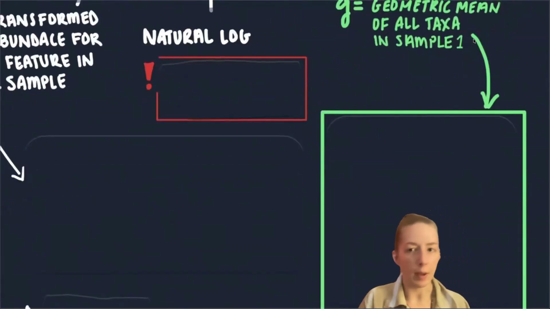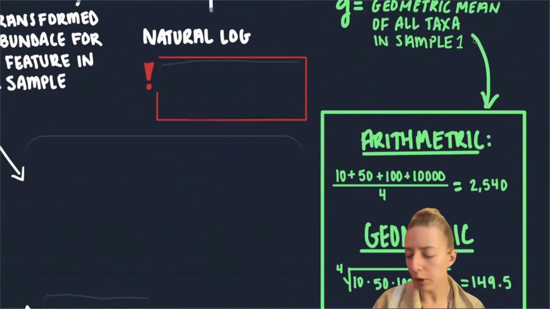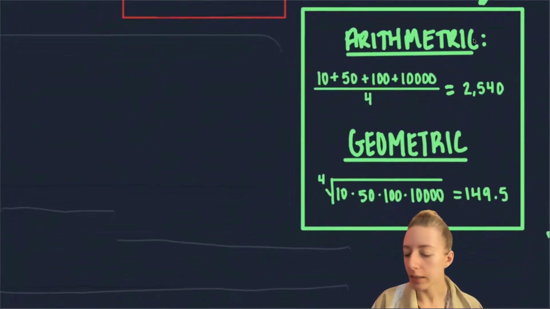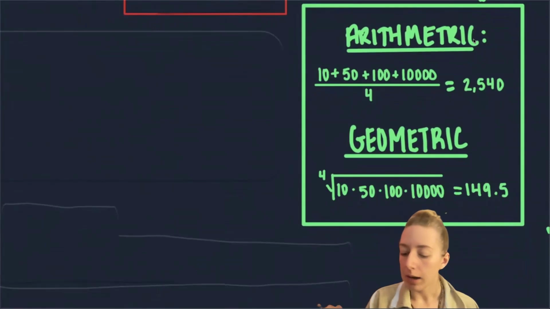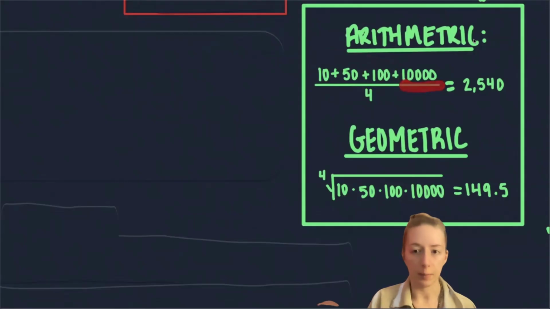What is the geometric mean, though? The geometric mean is different from the arithmetic mean that we're used to for calculating averages, which is adding and then dividing by the total number of numbers that we have. If we were to add all these numbers up, we would get 2,000 and an average of 2,540, which is quite far from most of the other numbers because it's being skewed by another number.